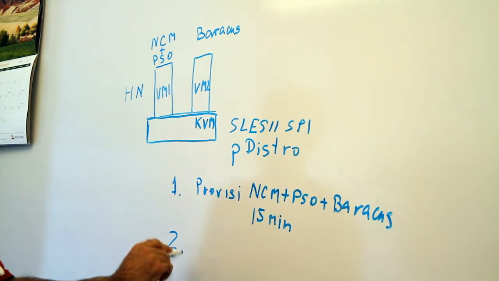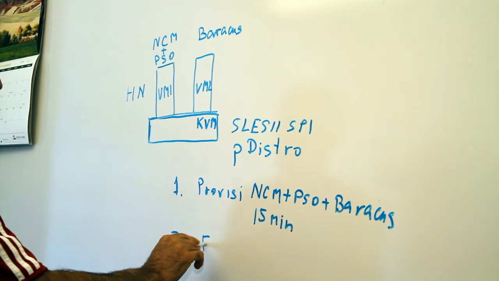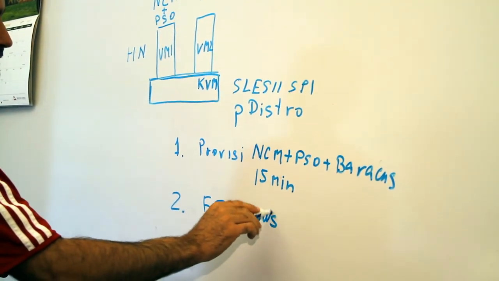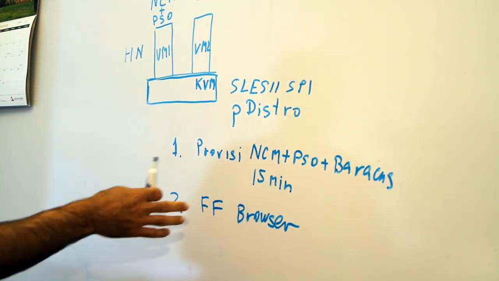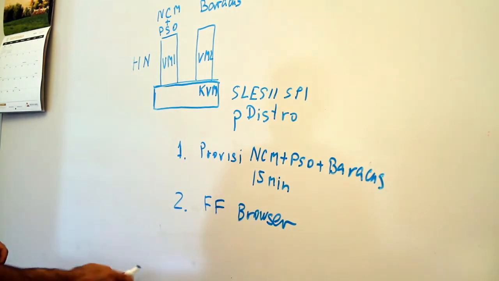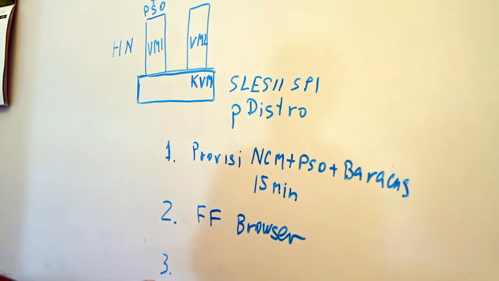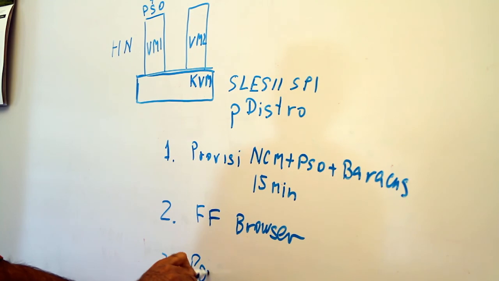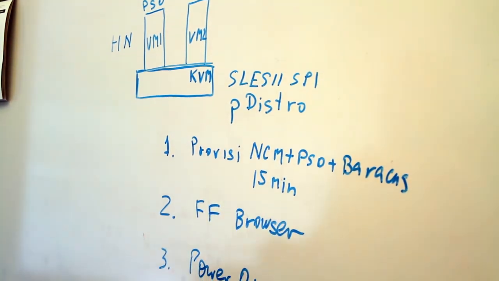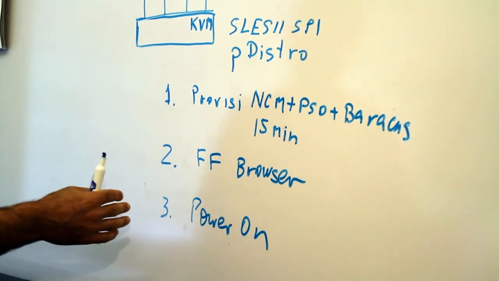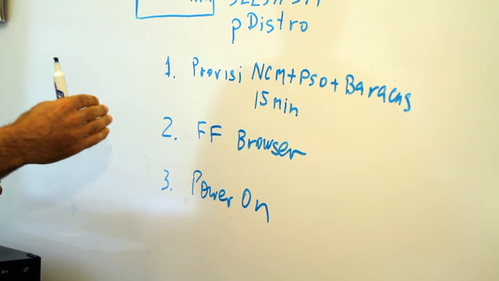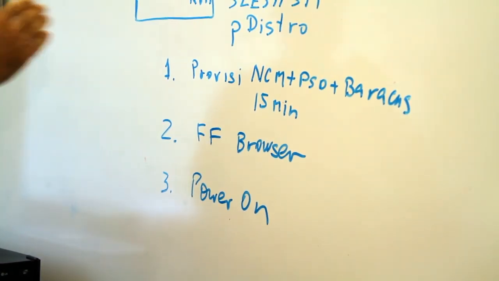The second one, we will use the Firefox browser to show you the content of what we now have in the cloud, pre-configured. Third, we're going to power on another physical machine, and that physical machine will be provisioned with Baracus, and the PSO agent will also be injected into that machine.